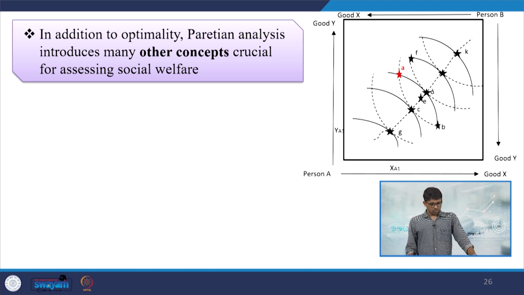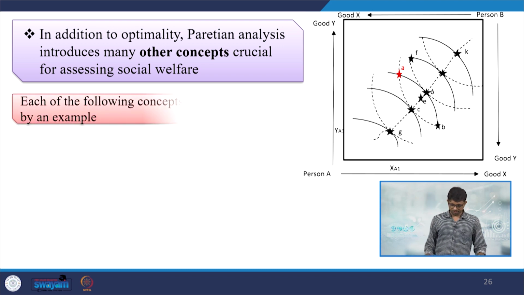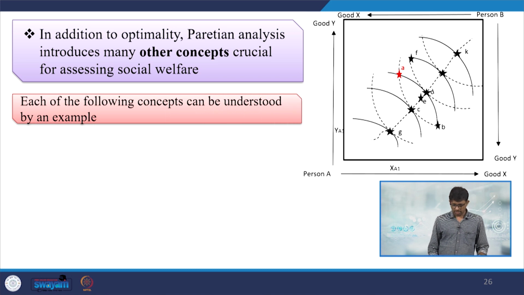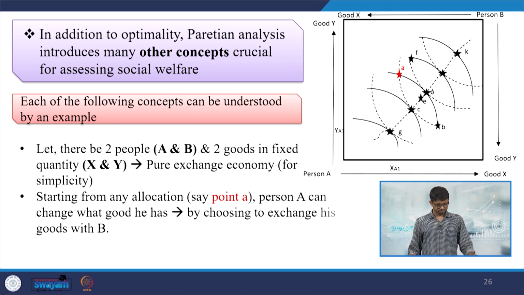So, in this diagram, we have started highlighting the best possible indifference curve each of persons A and B can attain, and that is highlighted over here. There are two people, as we said, and two goods fixed, X and Y commodities.